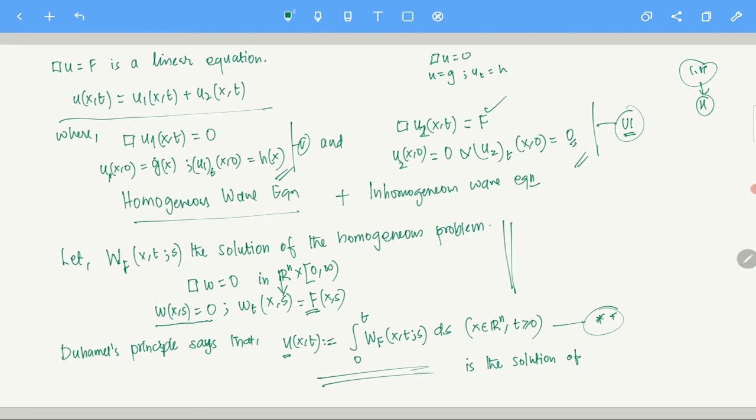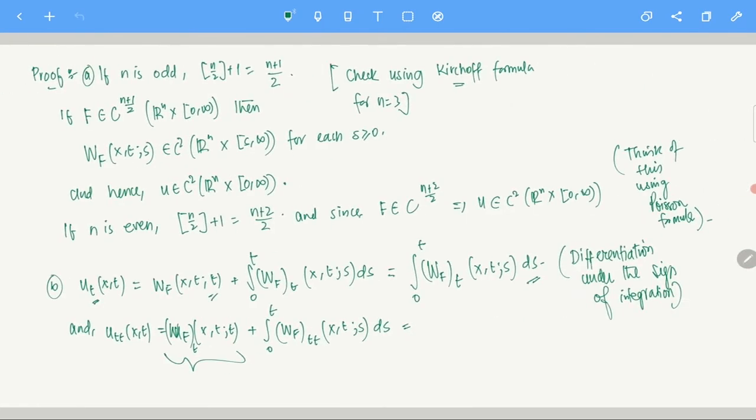So w is 0, and w_t is capital F. So this is capital F of (x,t) plus the integral from 0 to t of w_f, which is just a notation, the solution w with the initial condition capital F, with respect to tt at the point (x,t;s) ds. Clear? Okay, right.